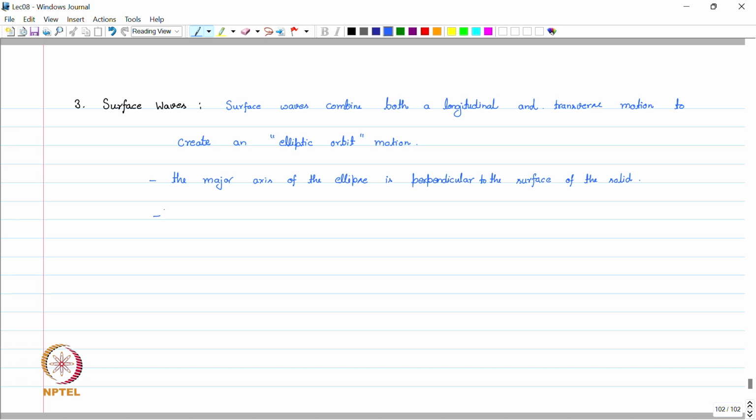And these surface waves are generated when a longitudinal wave intersects a surface near something we call the second critical angle.